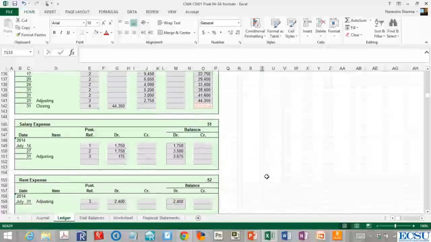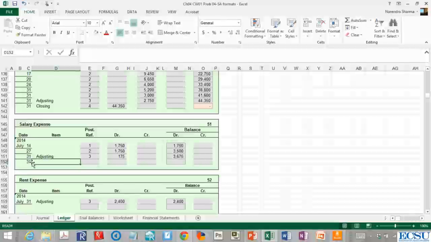Now I go to the salary expense again. 31 salary expense is closing because all expenses have to be closed, and salary expense was credited with 3,675. Now we get a zero balance here.